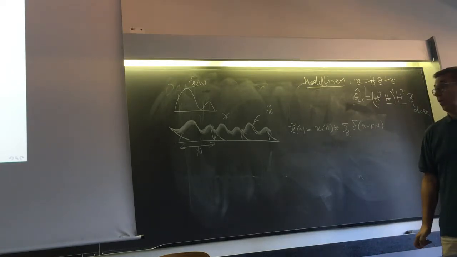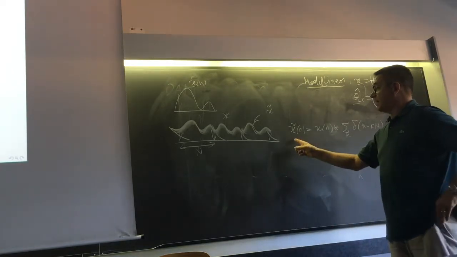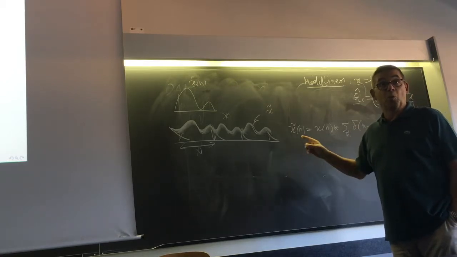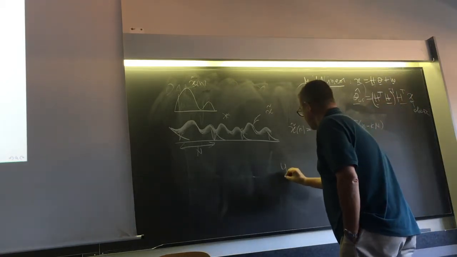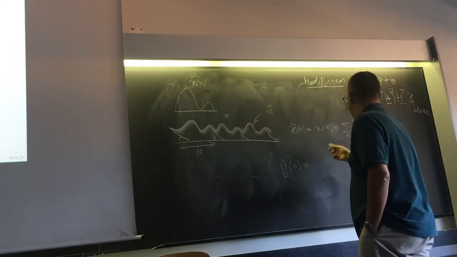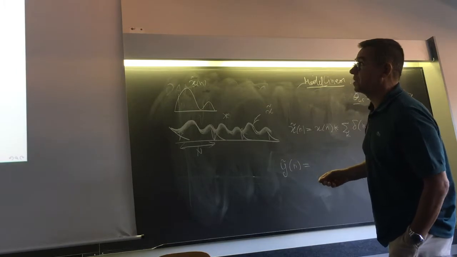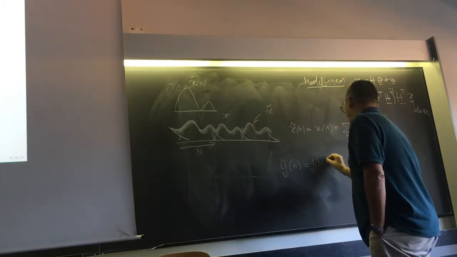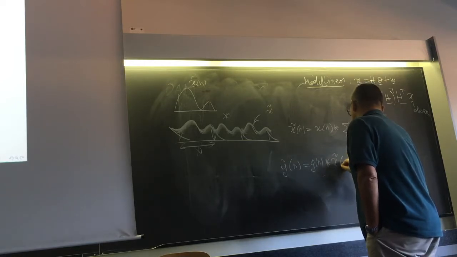Now suppose that I need to filter this x tilde in order to get y tilde. So y tilde is obtained by filtering with a filter, we call it G, so Gn convolved with x tilde n.